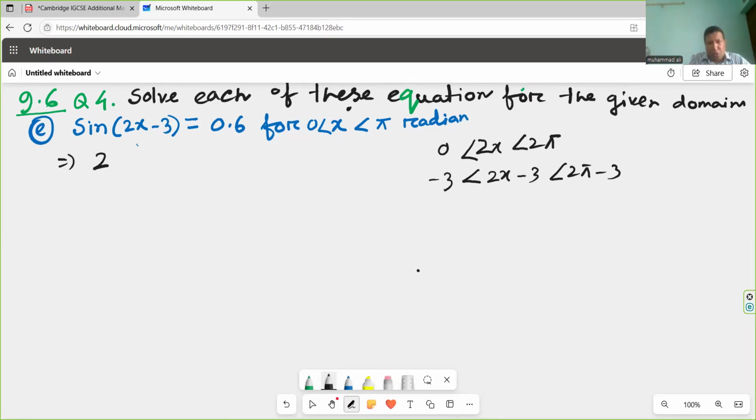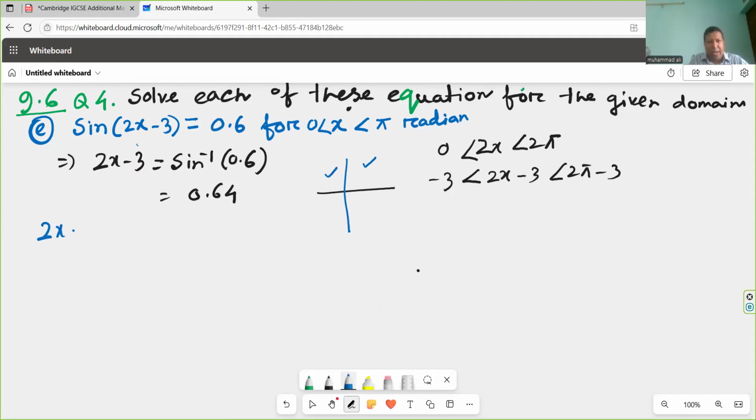Now 2x − 3 = sin⁻¹(0.6), so it will be 0.64. Now we'll check where sine is positive. Sine is positive in the first quadrant and second quadrant.